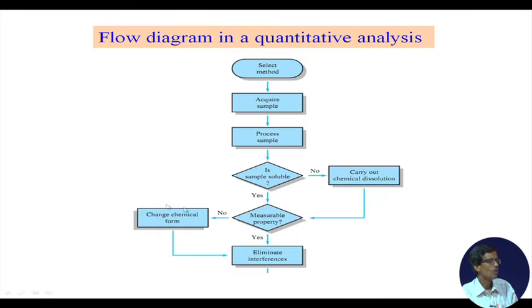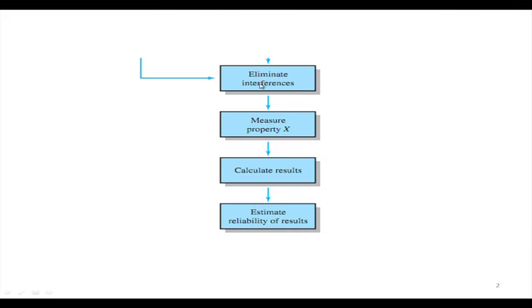That reagent can interact with the species, and we can get something which is a measurable quantity. It may not be colored. It is an insoluble precipitate, and that can be weighed out for the corresponding estimation of aluminum. So, once we eliminate these interferences, we measure the property X.